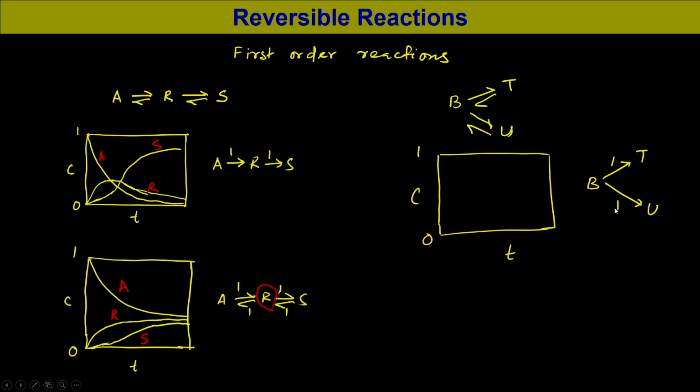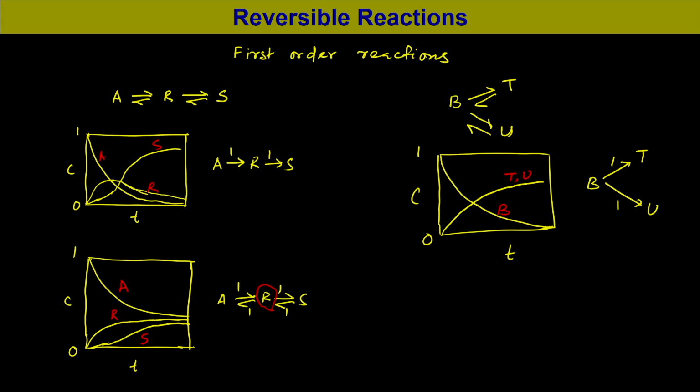So, the concentration profile would be: B will decrease, and R and S will be almost similar, reaching like this. So, this is for B and this is for T and U.